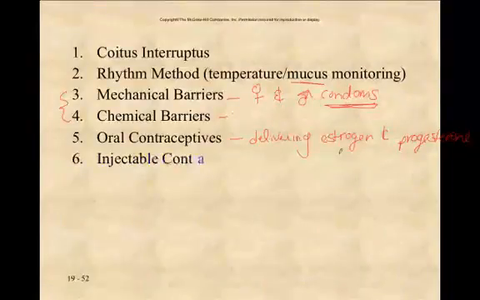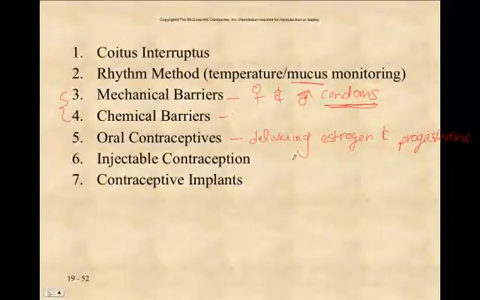Then there are injectable contraceptives like Depo-Provera. This is injecting these contraceptives instead of taking an oral one. The injectable contraceptives are an intramuscular injection of a synthetic version of progesterone.